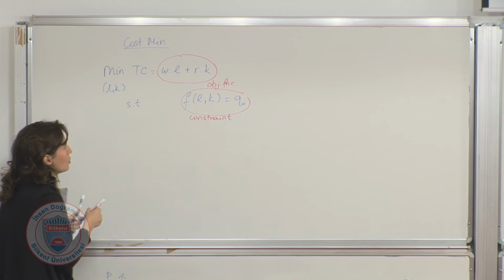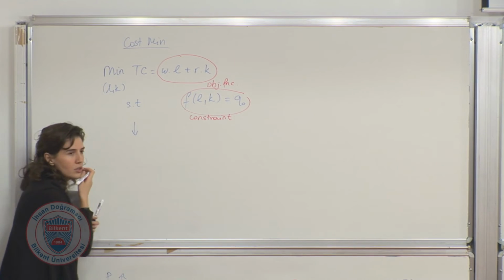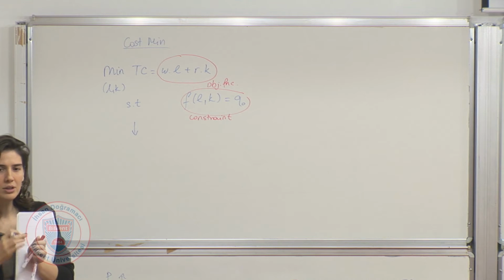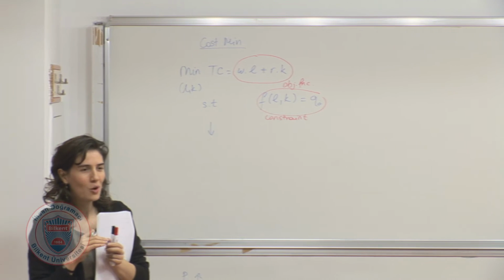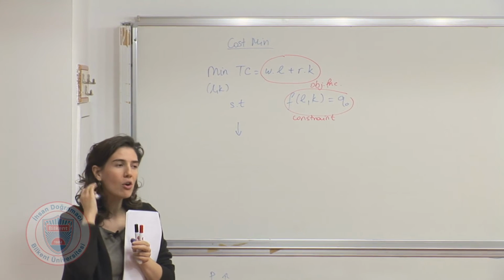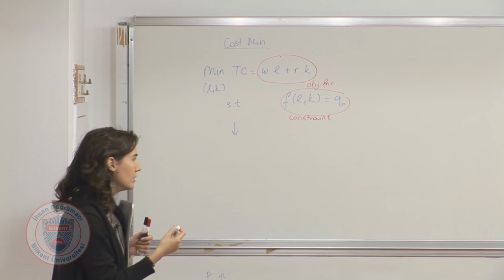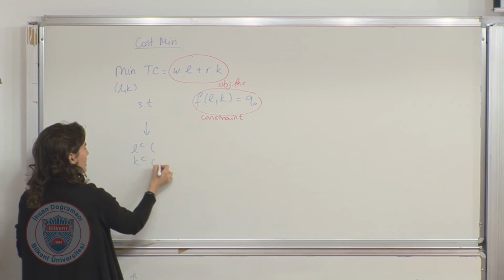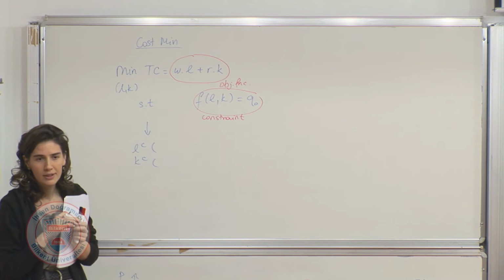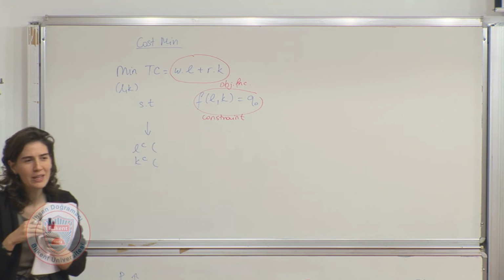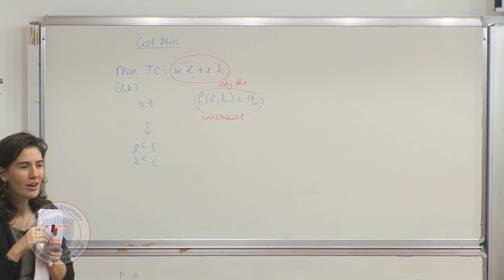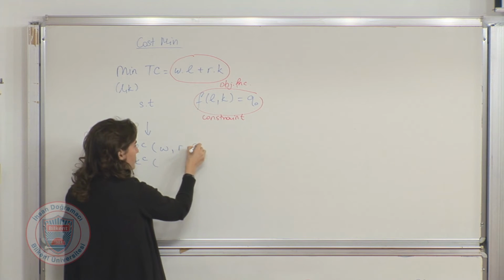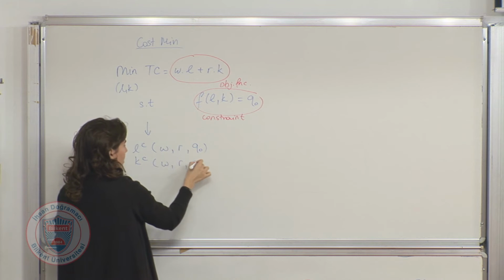And then remember, the solution to this was what? When you solve the cost minimization problem, we got what we call the conditional input demands. And they were conditional on a quantity. These here we call LC, KC, and these were functions of wage, R and Q, or Q0.